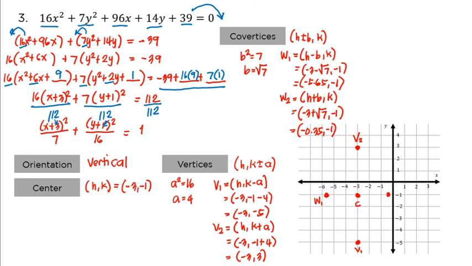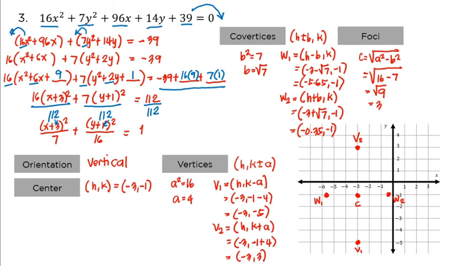Okay, this one. So this is W2. Okay, for the last one, for our foci, that is C units away from the center, and the formula in finding C is C equal to square root of A squared minus B squared, right? So we have square root of A squared is 16 minus B squared is 7, and that is square root of 9, which is 3.